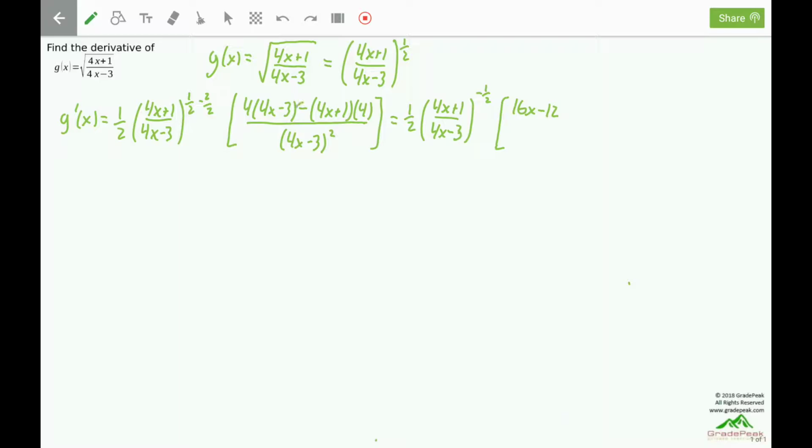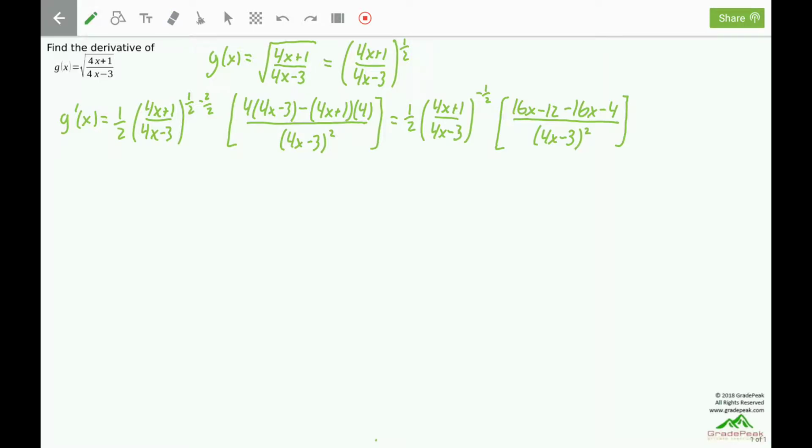And I'm going to distribute the negative 4 into all of this, which will be a negative 16x and minus a 4. And all of this is over the denominator, 4x minus 3, quantity squared.